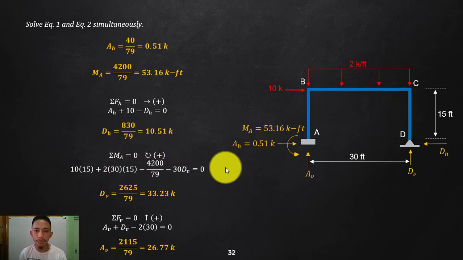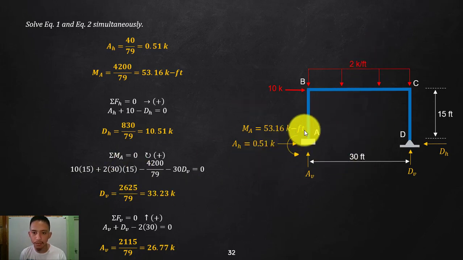Now, summing moment at A so that we will get that vertical reaction at D, B. You will end up with clockwise, which is 10 times the moment arm, which is 15. And then, of course, this UDL here, I need to convert that one into a concentrated load. 2 times 30 times what is the moment arm? The middle of 30 is 15. So clockwise, positive.